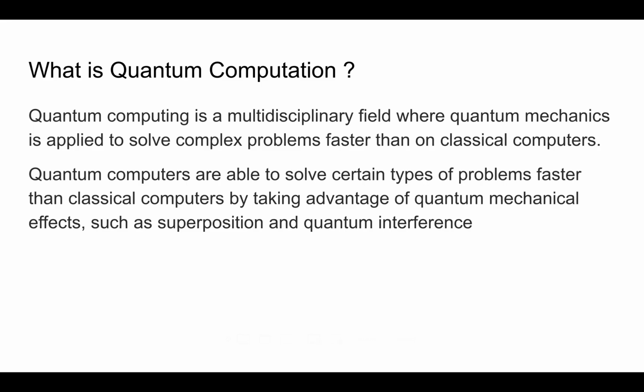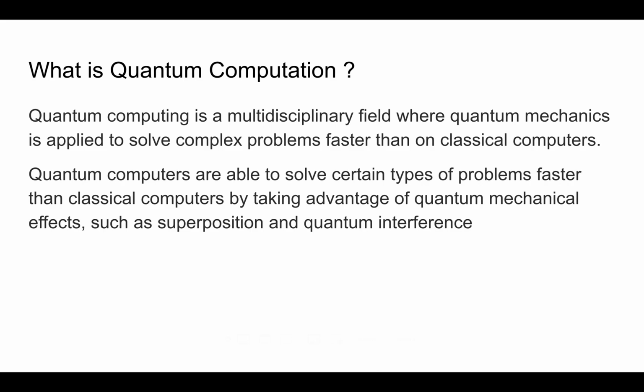Classical computers work on bits, which are zeros and ones as we know, while quantum computers work on qubits, which are 0 and 1 and a superposition of 0 and 1. I'm going to discuss what qubits entail later on.